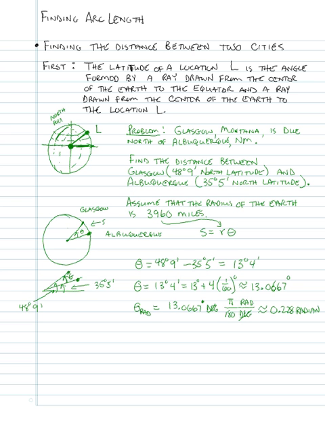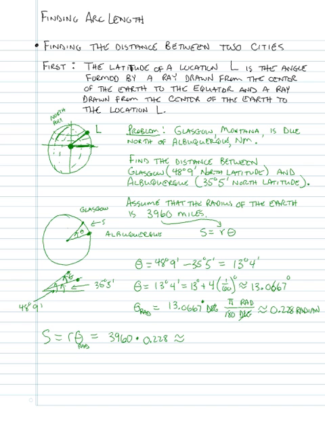Okay, so now I've got my angle between the two cities in radians rather than degrees, and now I'm ready to go. The arc length that I'm looking for, S, is r times theta, and theta is in radians. Well, r is the 3,960 miles, and the radians, of course, is 0.228.